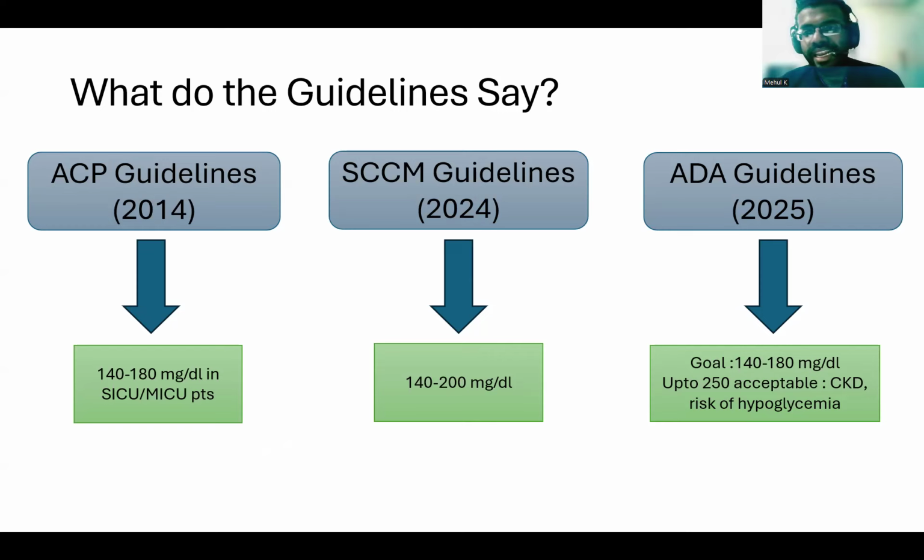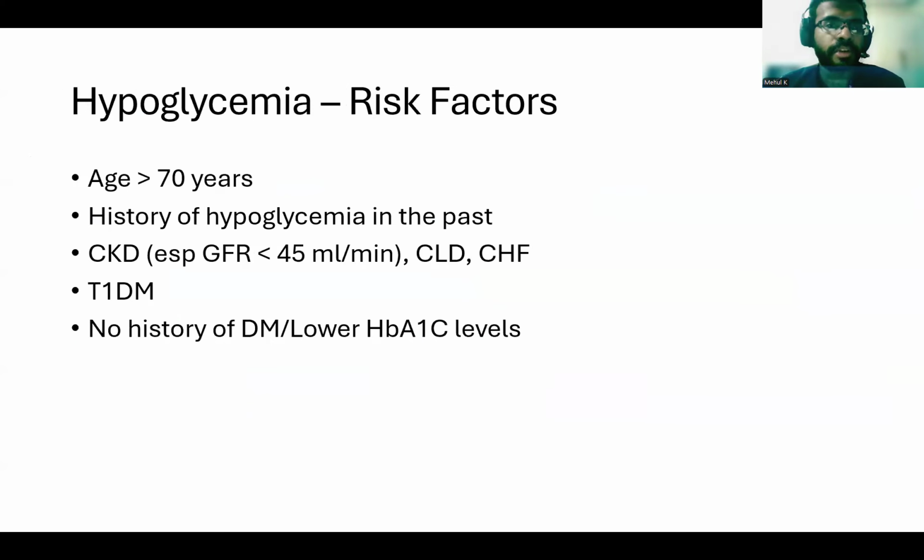We just don't have the evidence as of now to make those kinds of inferences. But these are the guidelines, and generally they are moving away from tight glycemic control, and you can aim for less than 200. That is the take-home message from all of these guidelines put together.